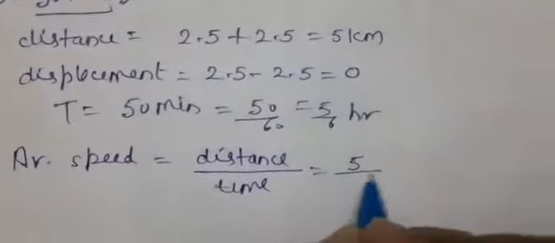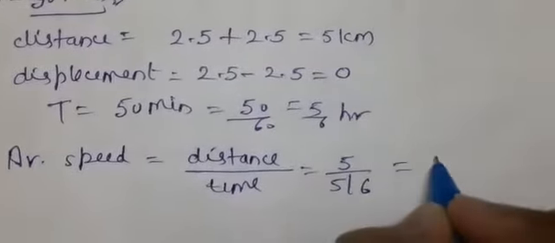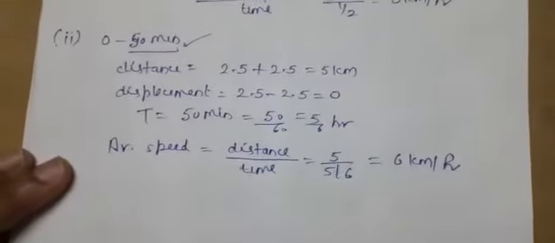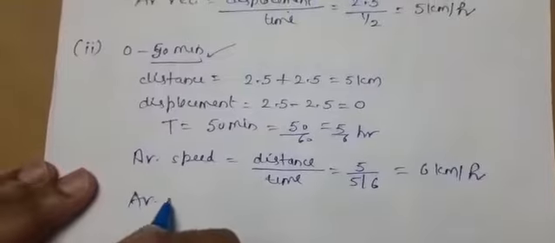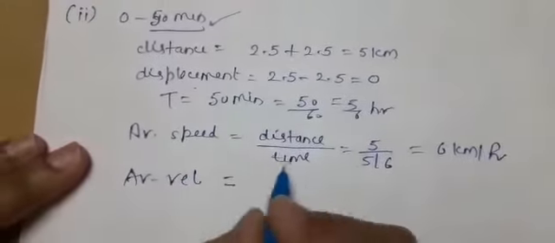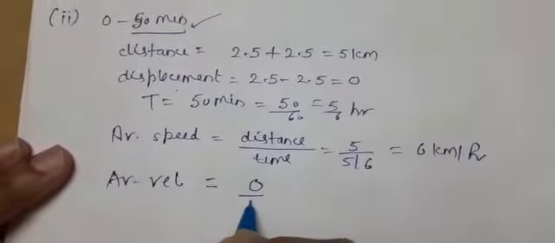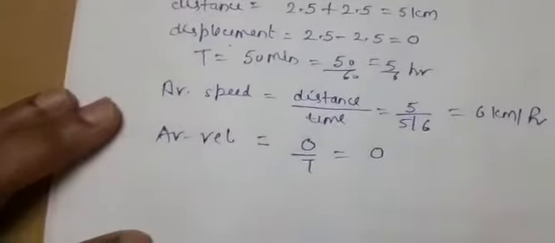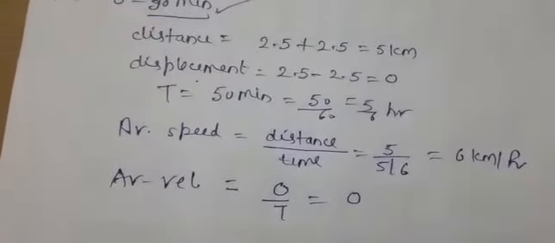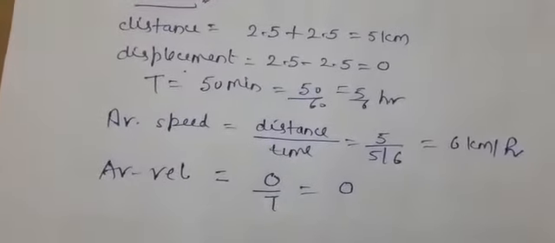So 5 upon 5 by 6, this will be 6 kilometer per hour. Now average velocity, yes, you are guessing right. As displacement is 0, 0 divided by time will be 0. So average velocity will remain 0, whereas average speed is having a certain value.